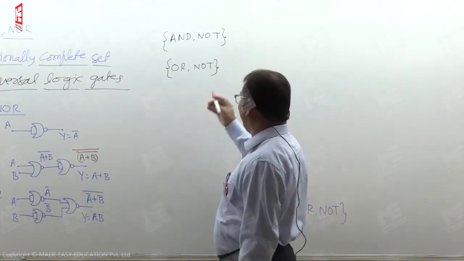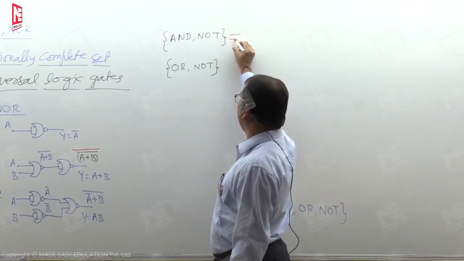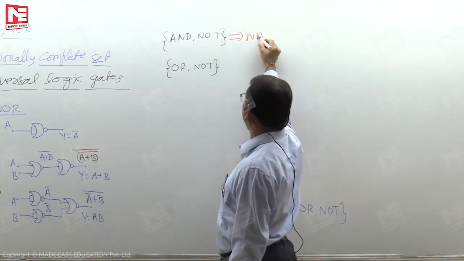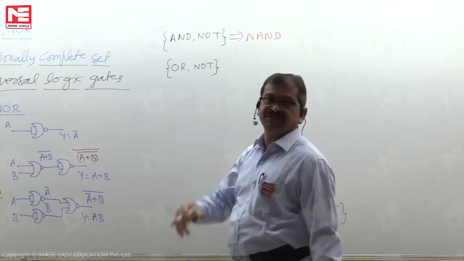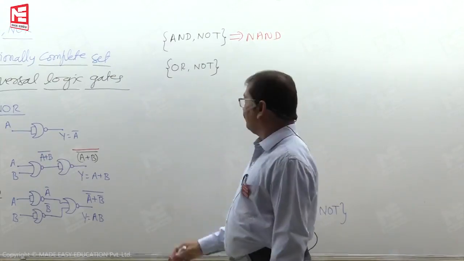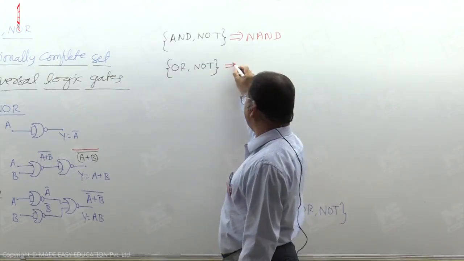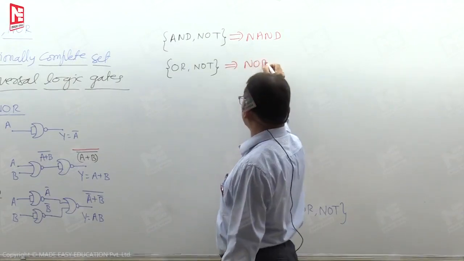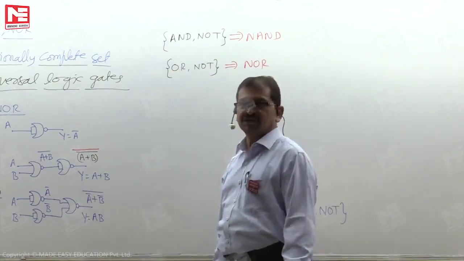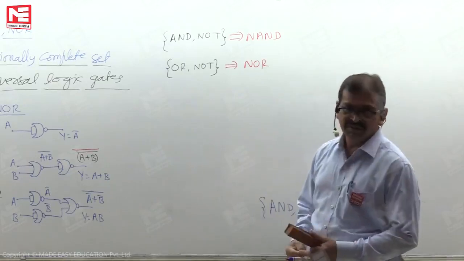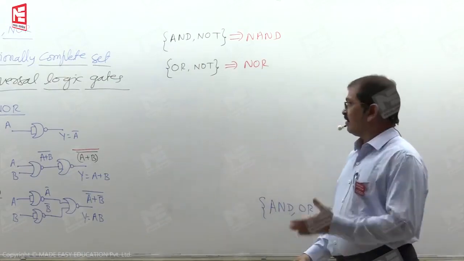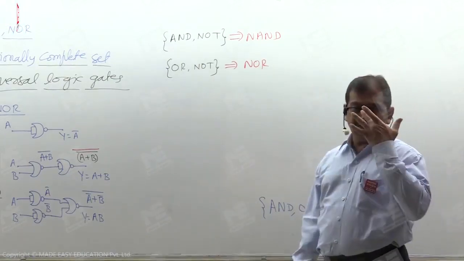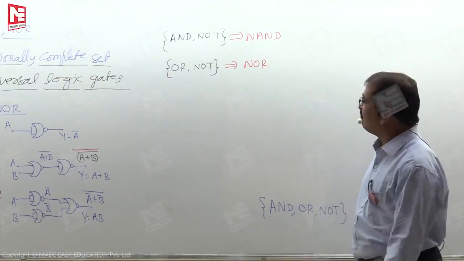The set of AND NOT gives implementation for the NAND operation. NAND we already proved as functionally complete. Similarly, the set of OR NOT gives implementation for the NOR operation. So NOR we already proved as a functionally complete or universal logic gate. Hence, if we have a set of AND NOT or a set of OR NOT, the set itself is functionally complete.